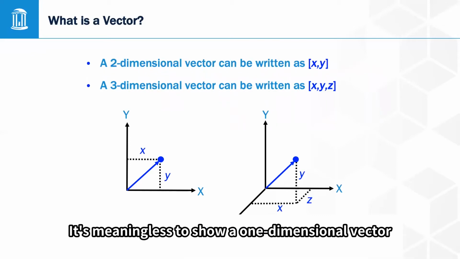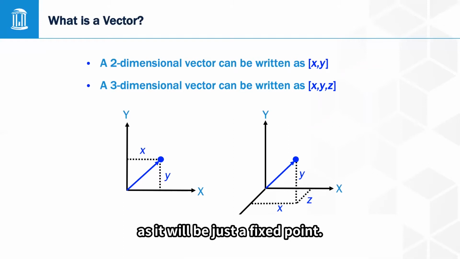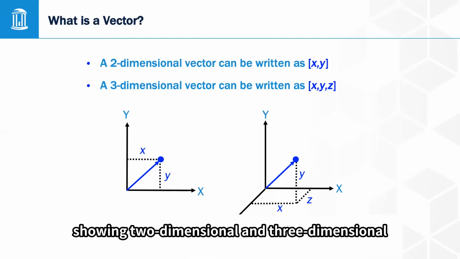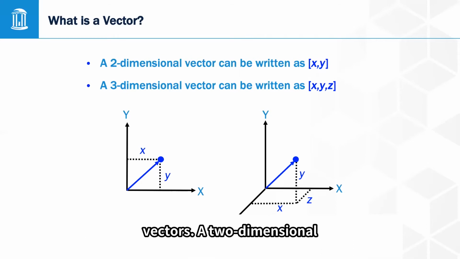It is meaningless to show a one-dimensional vector as it will be just a fixed point. Here are the examples showing a 2-dimensional and a 3-dimensional vector. A 2-dimensional vector can be written as a bracket with 2 elements in it, while a 3-dimensional vector can be written as a bracket with 3 elements.